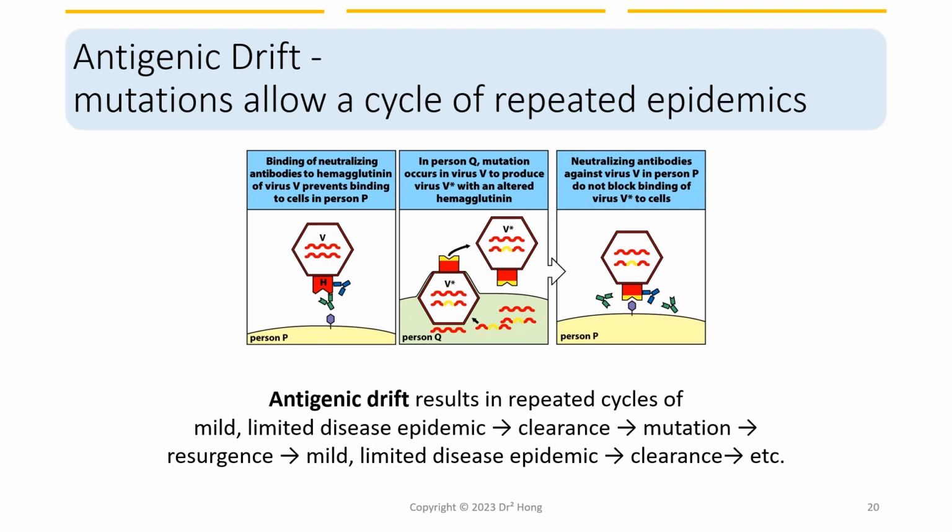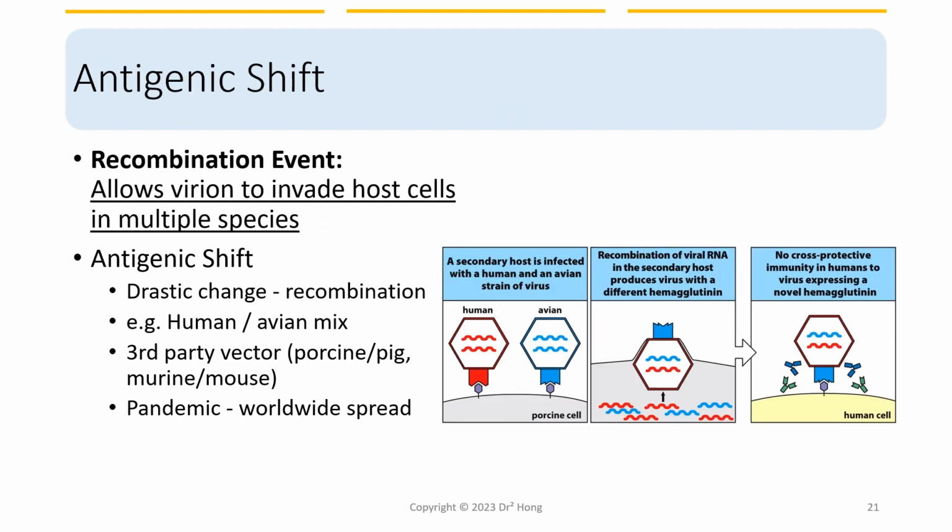In fact, it happens every winter, and this is referred to as antigenic drift, and it is responsible for a cycle of mild flu epidemics every year. Antigenic drift is the reason behind the slight antigenic variations in the seasonal flu virus.